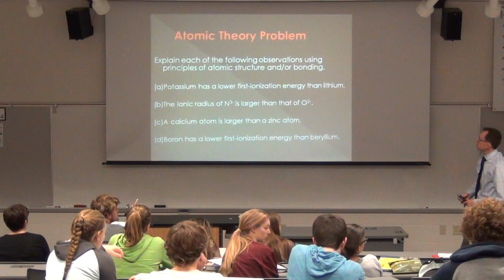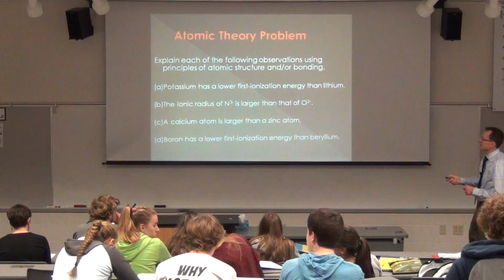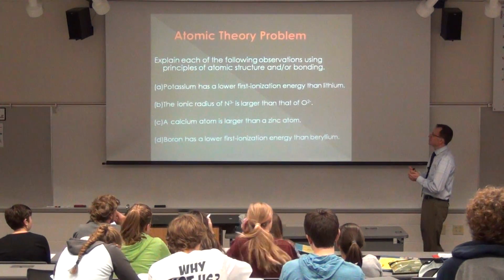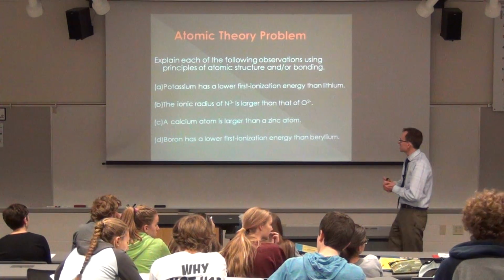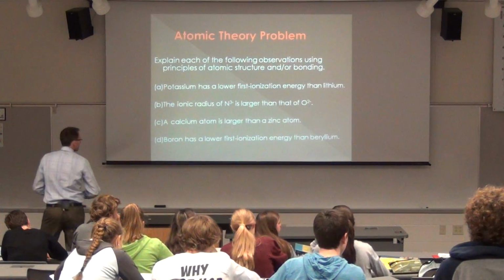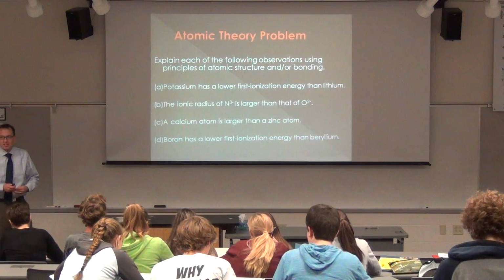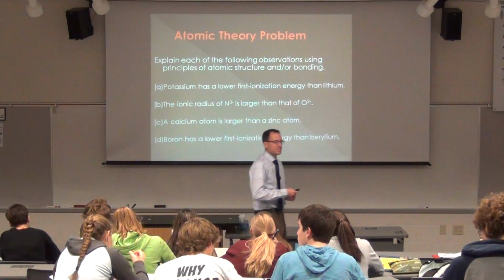Explain each of the following observations using principles of atomic structure and or bonding. Group A, potassium has a lower first ionization energy than lithium. Group B, the ionic radius of N3- is larger than that of O2-. Group C, a calcium atom is larger than a zinc atom. And Group D, boron has a lower first ionization energy than beryllium. Group D, you have benefited. We just did this one, but I want it in a perfectly worded problem.